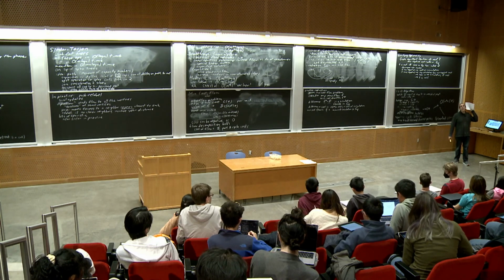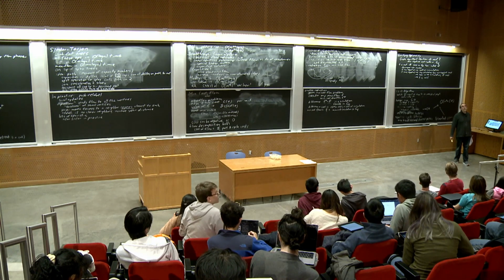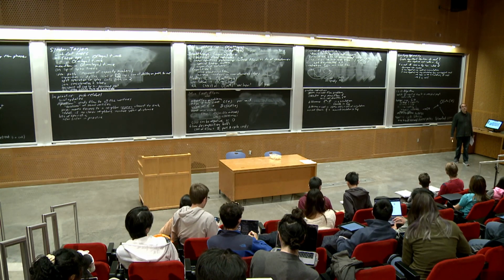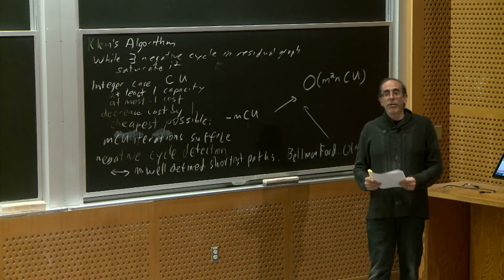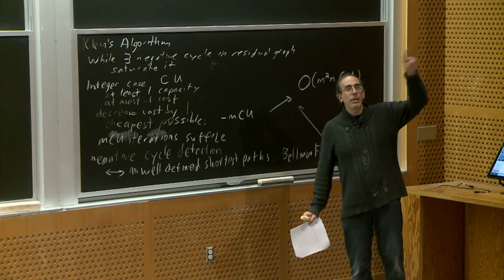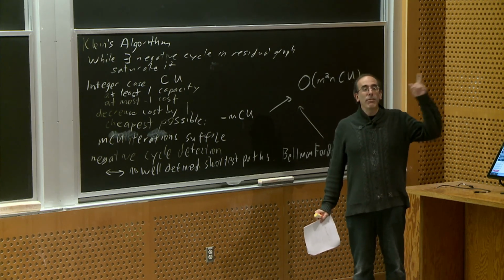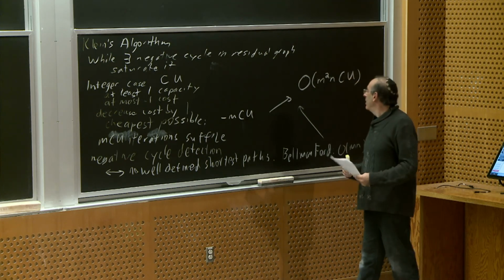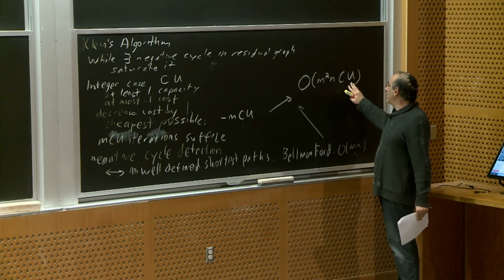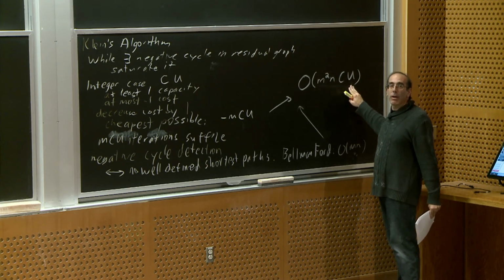Because in every iteration we find the negative cycle and we fix it. That's right. Each iteration is find that negative cycle and then push flow around it to destroy it. Now you find another negative cycle, push flow. So mn per cycle detection and saturation, and you'd have to do MCU of them. So this is the runtime of Klein's algorithm.